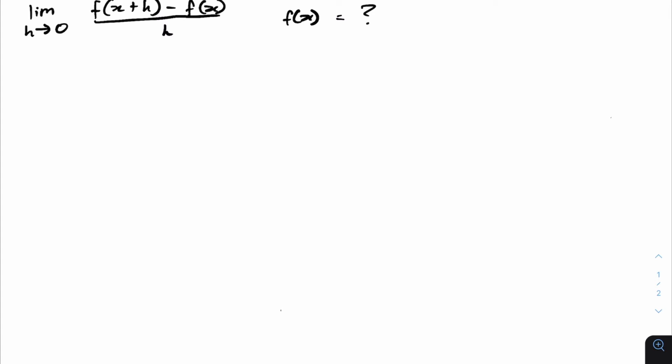Some of the things we explored were that if f of x was x squared, it would output 2x, and if f of x was x cubed minus 3, that outputted 3x squared.